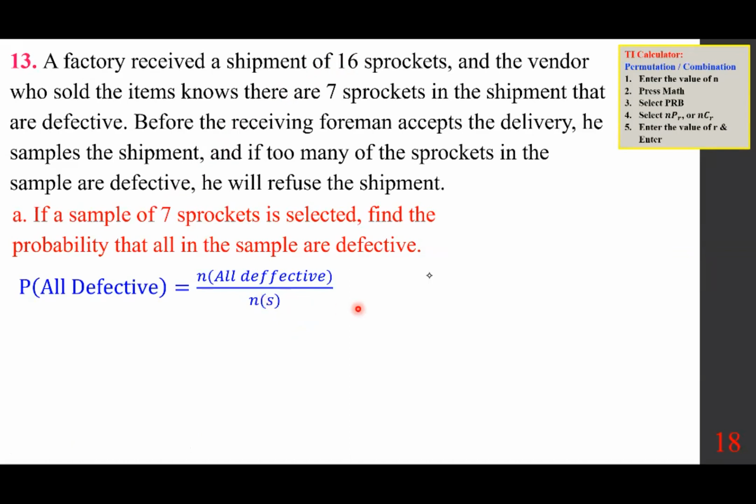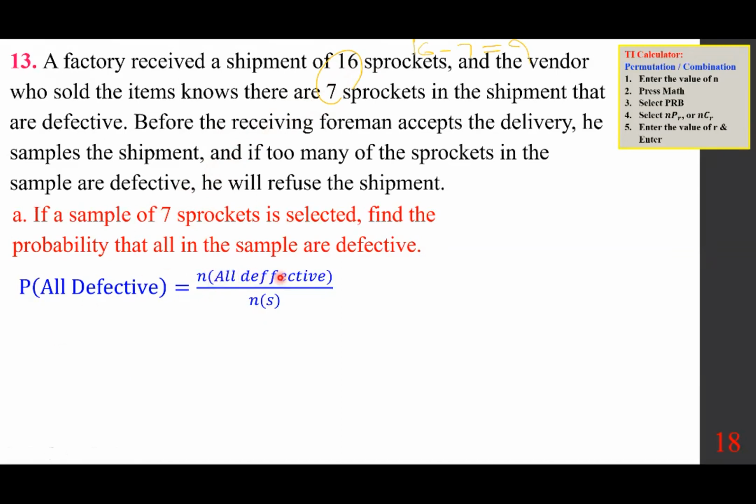The numerator, all of them defective. So we are going to pick 7 out of 7. That means combination of 7, choose 7. This is the n, and this is the r. Here n is 7 and r is 7, times, now the rest of them, there are 9 that are not defective.